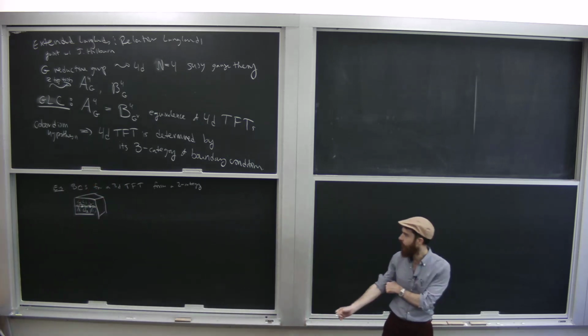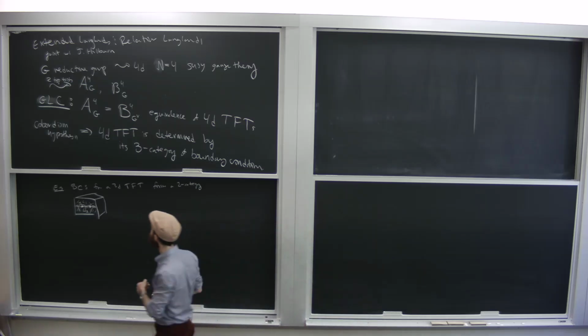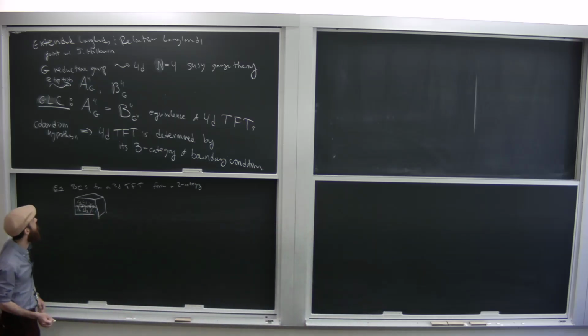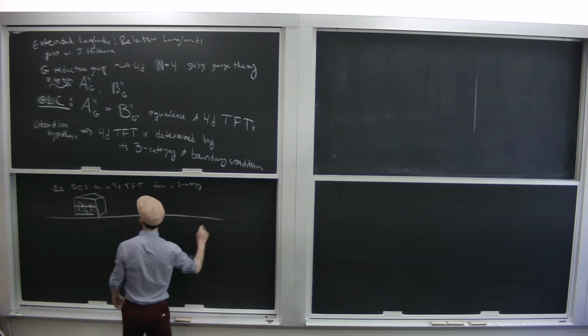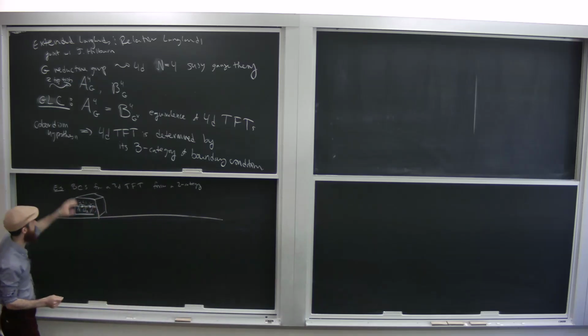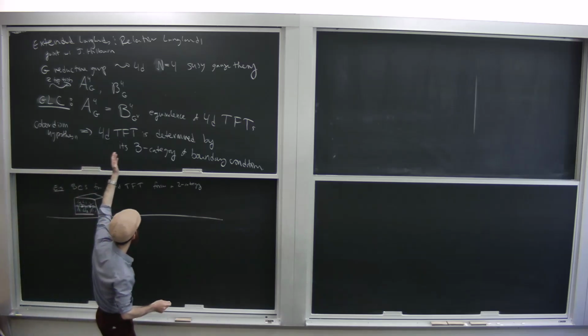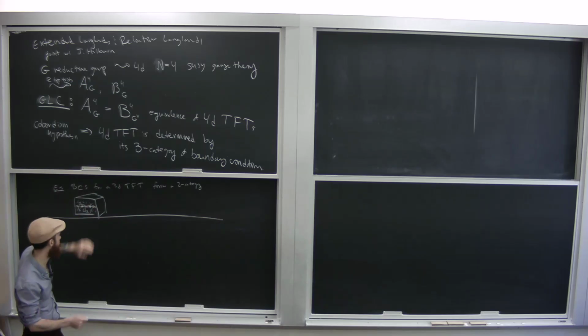Okay, so I said that the geometric Langlands conjecture, whatever it is, in its fully extended formulation is an equivalence between two four-dimensional topological field theories. And according to this formulation of topological field theories, this should be understood as an equivalence of three-categories.